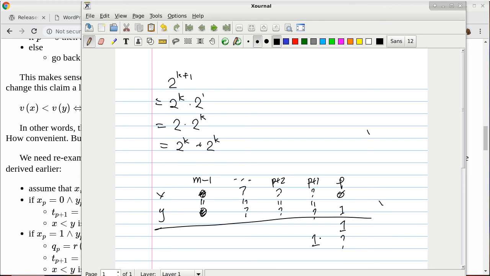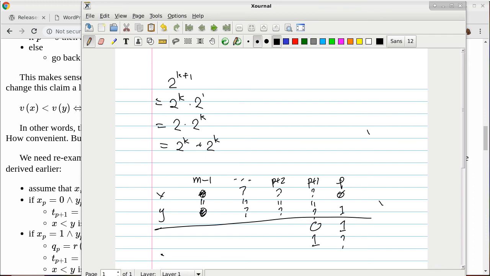Because this is the borrow of 0 minus 1 over here. But we also know this is a 0 because these two bits are the same. Let me use the mouse pointer. We know this bit and this bit are the same, so we know this location has to be a 0. Does that make any sense?